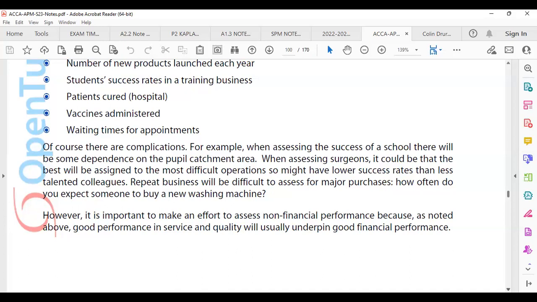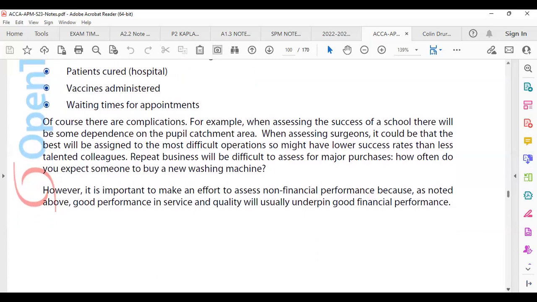They have given examples, like success of a school, which will depend on the people or catchment area. When assessing a surgeon, the best will be assigned the most difficult operations, so might have lower success rates than less talented colleagues. Repeat business will be difficult to assess for major purchases. How often do you expect someone to buy a new washing machine? It is capital in nature. You can't be buying a washing machine every time.